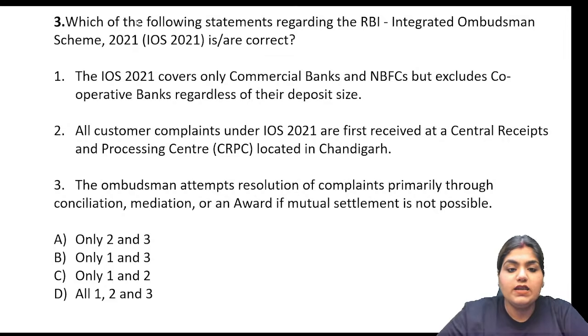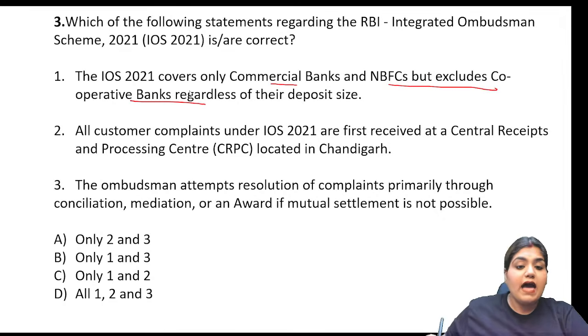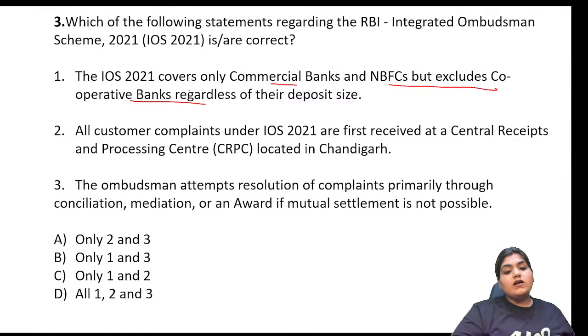Statement number 1 is not correct. 2 and 3 are correct. The IOS covers commercial banks and NBFCs, but excludes some cooperative banks. I've talked about this. All the commercial banks and all the NBFCs, but not all cooperative banks, sorry.